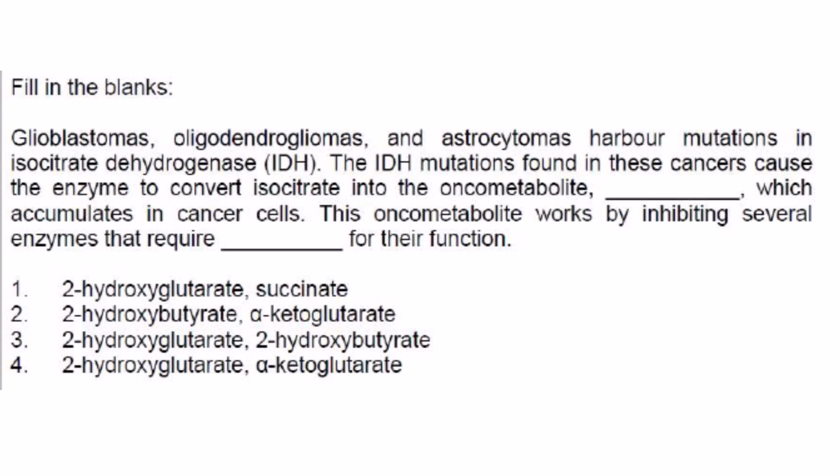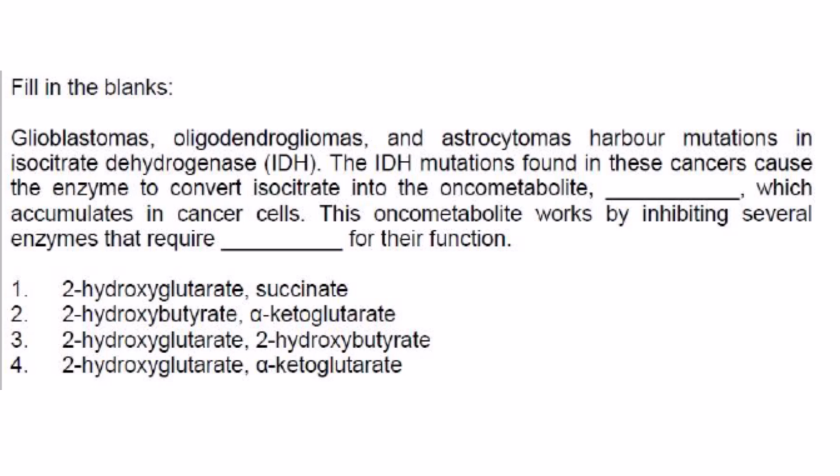Okay. And this 2-hydroxyglutarate is an oncometabolite, and it accumulates in these cancer cells, and it will inhibit those enzymes that require alpha ketoglutarate for their function. Now alpha ketoglutarate is what is present in the wild type or the non-mutant, and I told you it is required by several enzymes for their function.